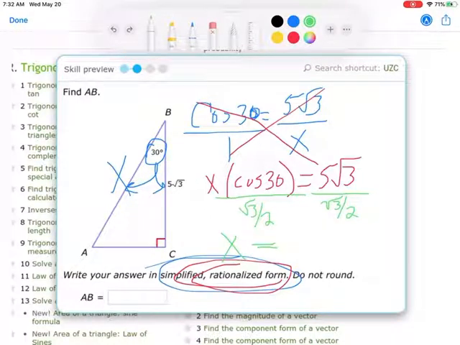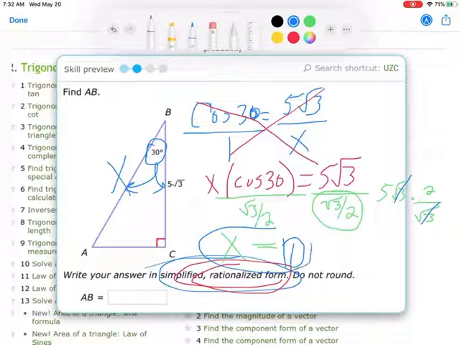It's pretty easy. All right, so instead of dividing by a fraction, I'm just going to flip it and multiply. So this is really 5 root 3 times 2 over root 3. And hopefully you can see why I did that now, because the root 3's cancel out. 5 times 2 is 10, and there's your answer.